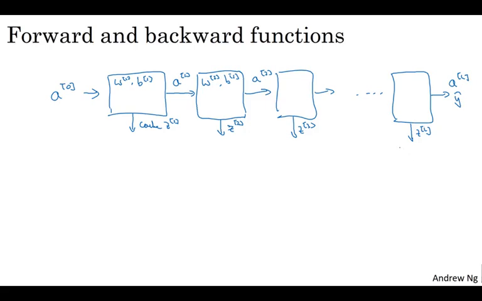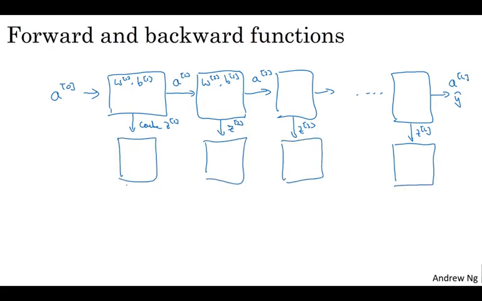Now, for the back propagation step, what we're going to do will be a backward sequence of iterations in which you are going backward and computing gradients like so. So we're actually going to feed in here dA of L, and then this box will give us dA of L minus 1, and so on until we get dA2, dA1.